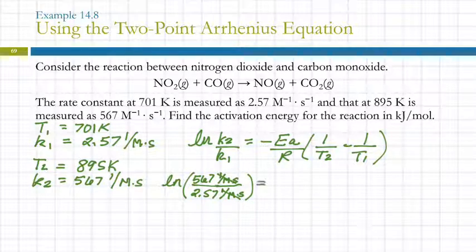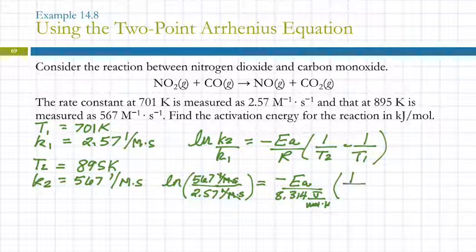So this is equal to negative EA, that's our variable, divided by R. We need to use the 8.314 joules per mole Kelvin. And then we've got temperature, 1 over T2, 1 over 895 Kelvin minus 1 over 701 Kelvin.